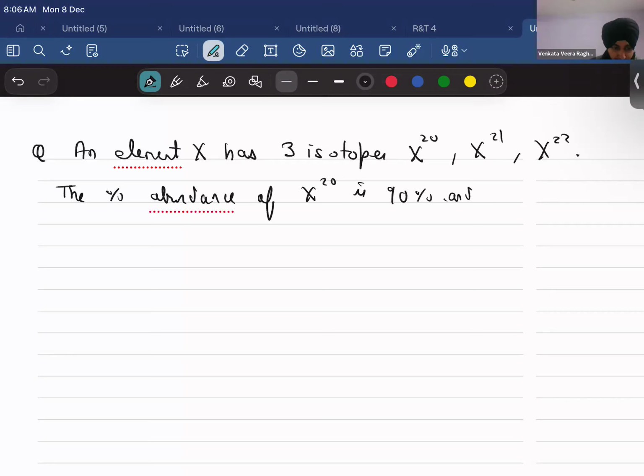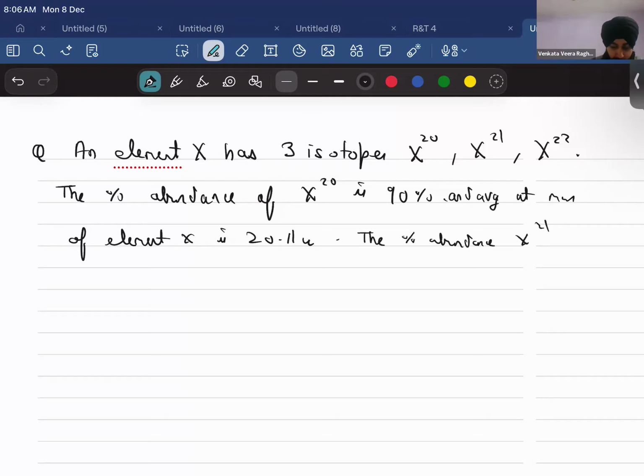And they are also saying that the average atomic mass of element X is 20.11 U. They are asking to find the percentage abundance of X21. Can you do it? Can you do this quickly?